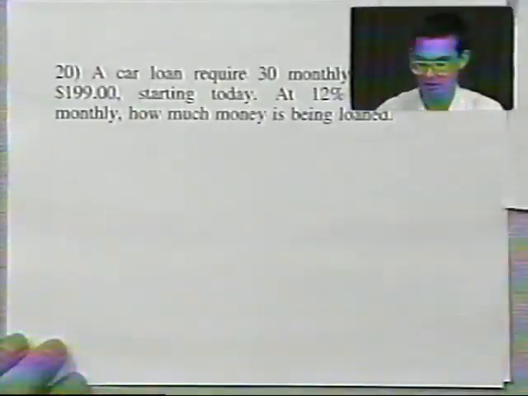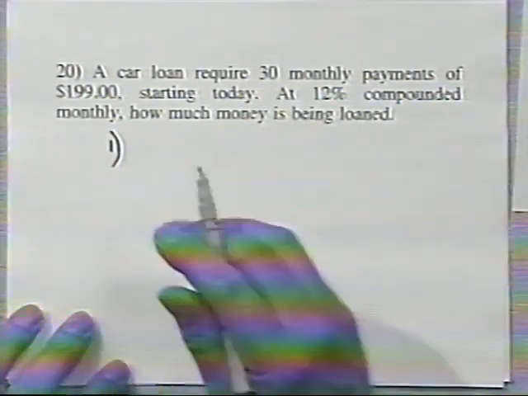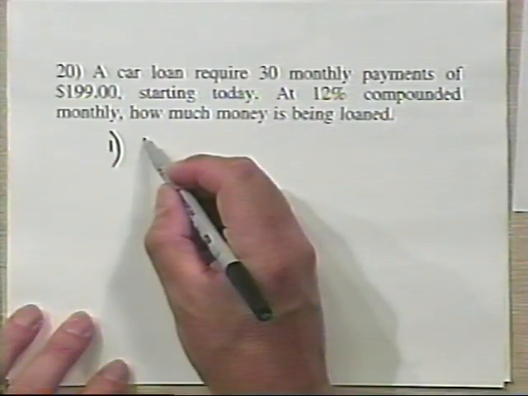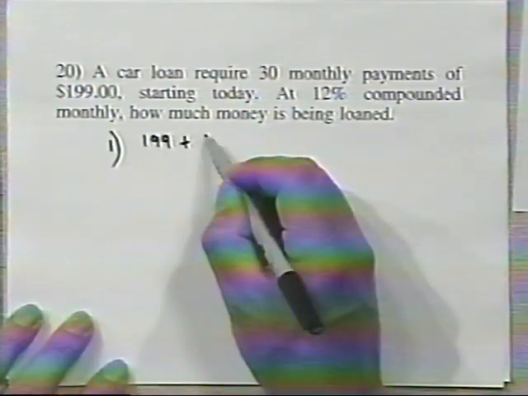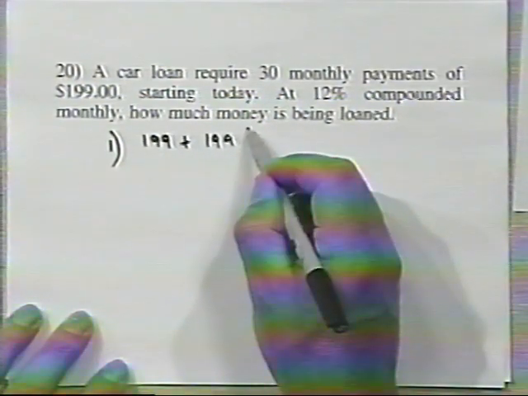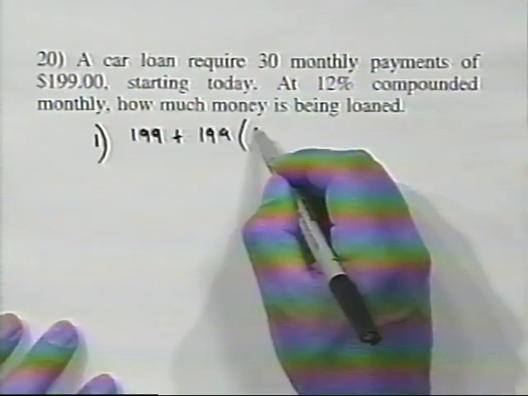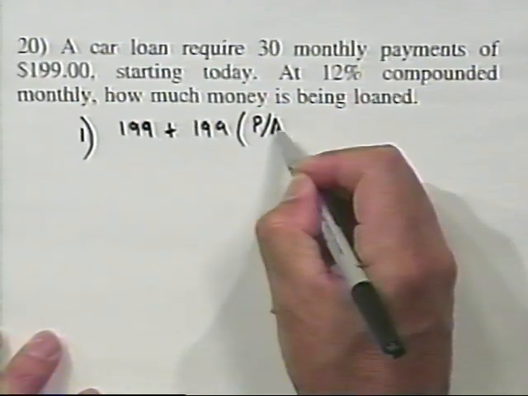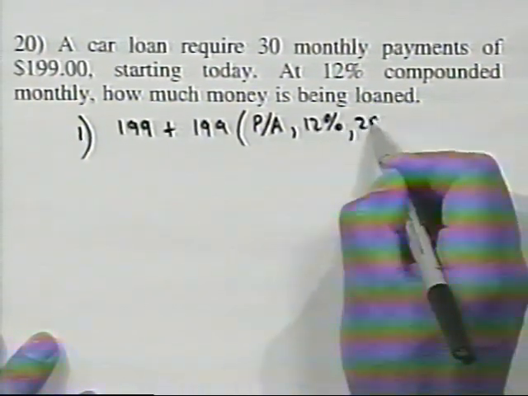So method 1 is to take that first payment as a present worth already of $199, add to it the $199 annuity over 29 periods converted to a present worth at 12% interest, but for 29 periods.